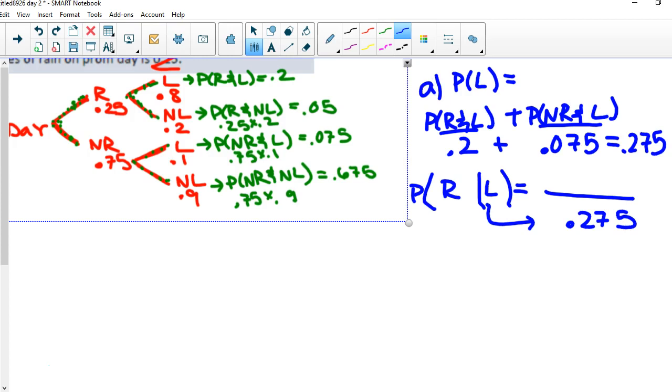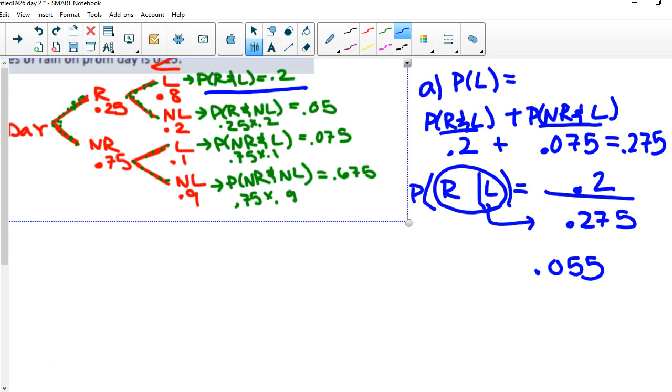Next, in the numerator, we need both rainy and late, which is right here, raining and late, 0.2. Then we type this into our calculator, 0.2 divided by 0.275. Sorry, my calculator was not on. 0.2 divided by 0.275, and that gives us 0.055.